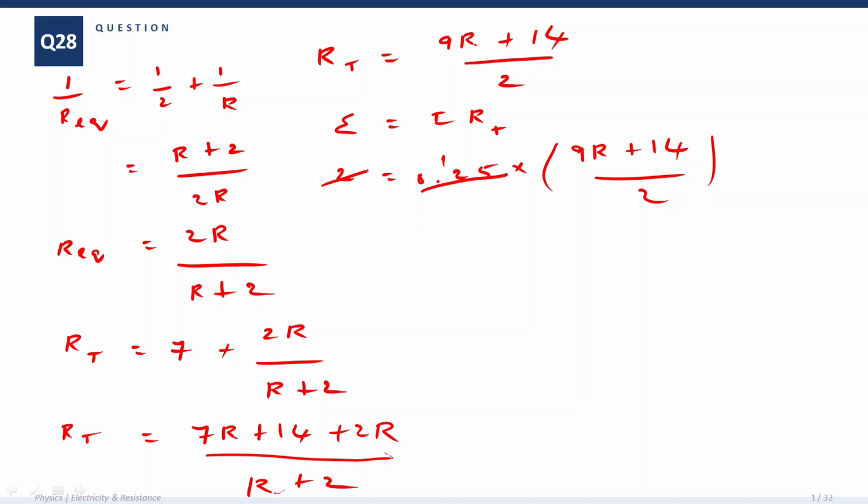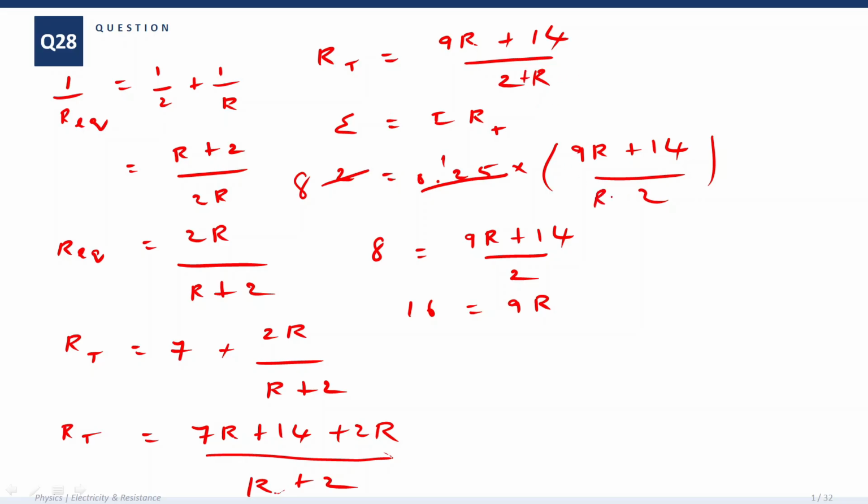So finally we have an equation 8 equal to 9R plus 14 by R plus 2. 16 equal to, here I left the R plus 2, right? R plus 2, yes, R plus 2 it is. I missed here R plus 2.